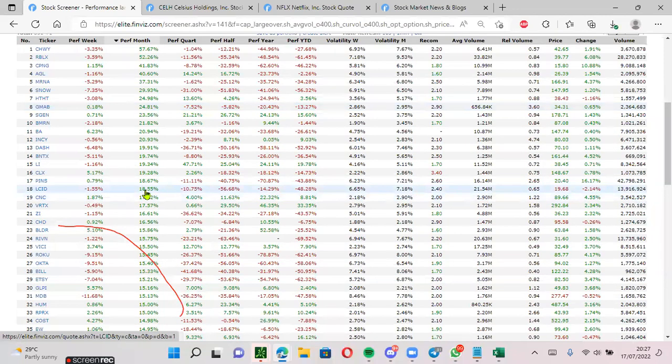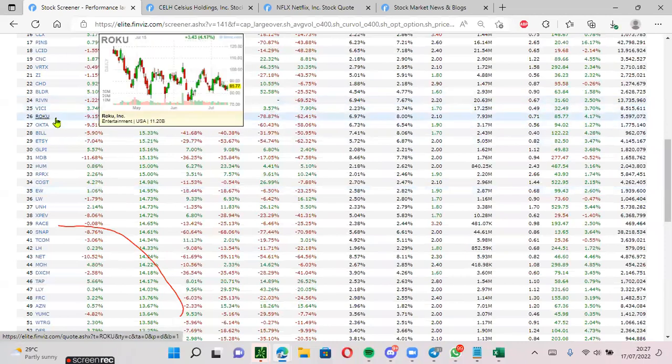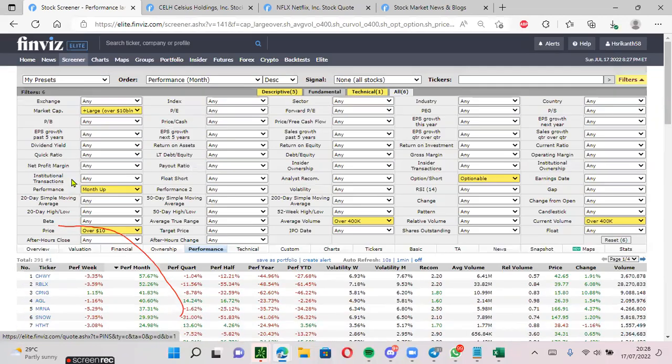Lucid is actually coming back up, and take a look at Rivian, which is moving up. Roku is moving up. These are stocks I tend to follow. You can see anything month up, and do any large stocks, right?